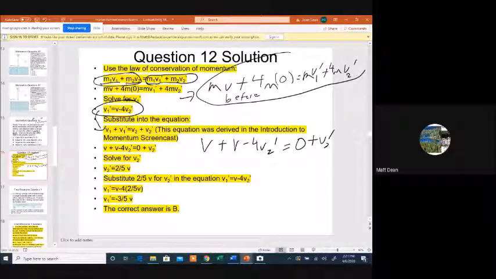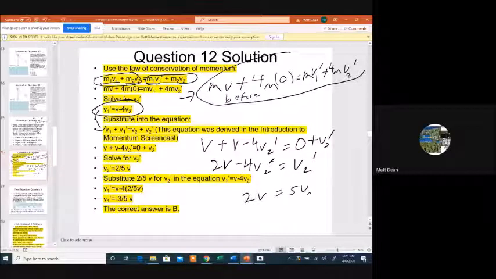So now if I do a little bit of rearranging here, I get v plus v, so 2v, minus 4 v2 prime equals v2 prime. So I can add 4 v2 prime to both sides to get 2v equals 5 v2 prime.